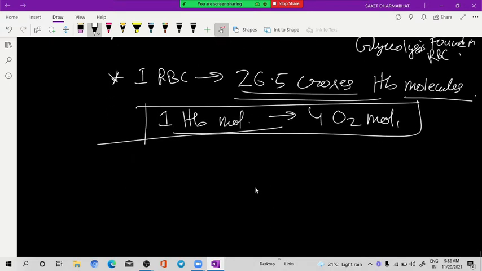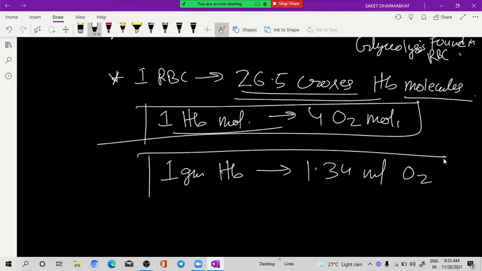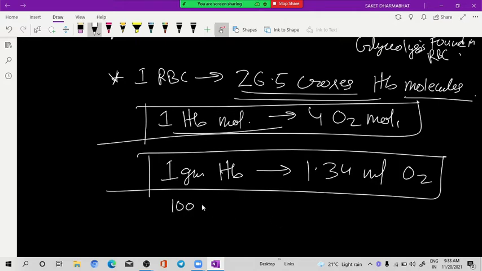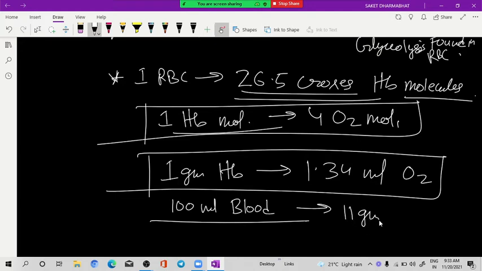Now see, 1 gram hemoglobin carries how much oxygen? 1 gram hemoglobin carries 1.34 ml oxygen. 100 ml blood contains how much hemoglobin?